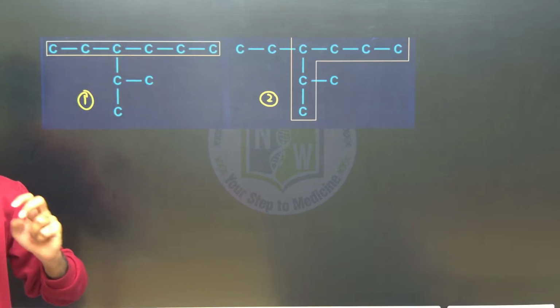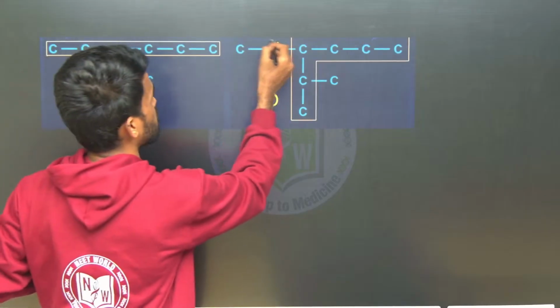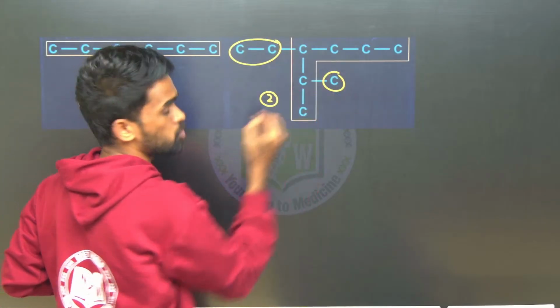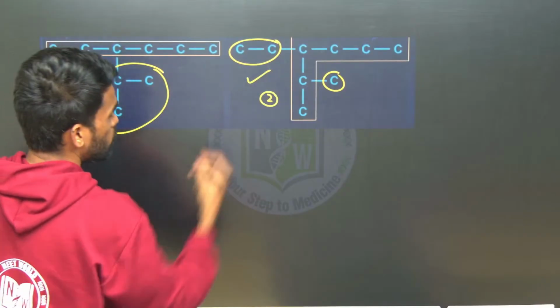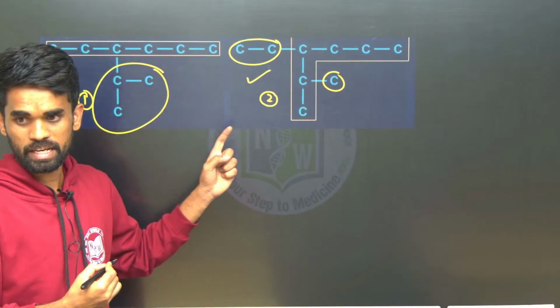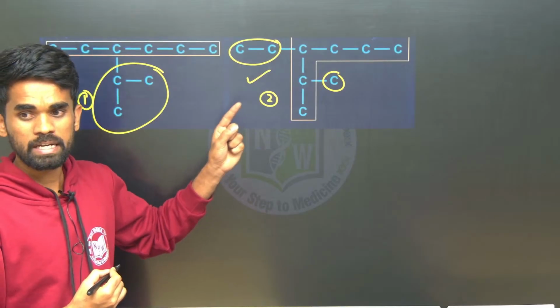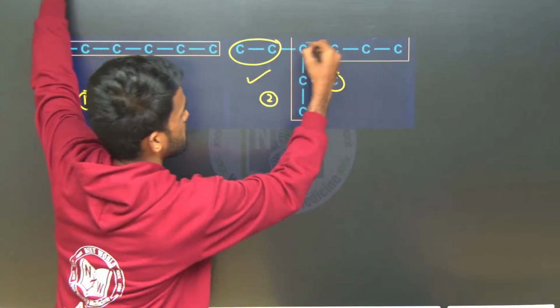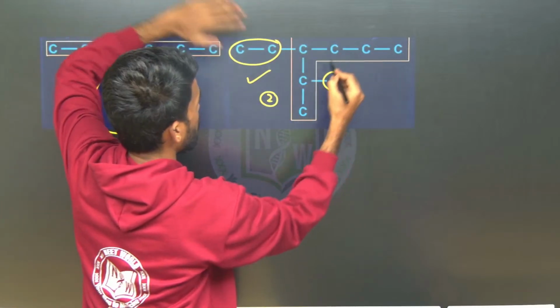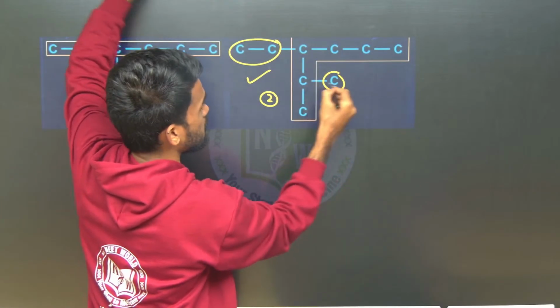Why? Because look at the substituents: here there are two substituents, while for the other you have only one. Whenever you have the same number of carbons in the chains, you take the parent chain that has more substituents. So this has 6 carbons as a parent chain and the substituents are 2: this is ethyl, this is methyl.